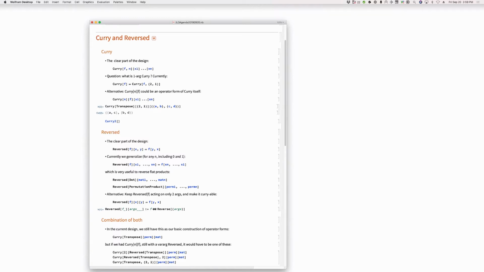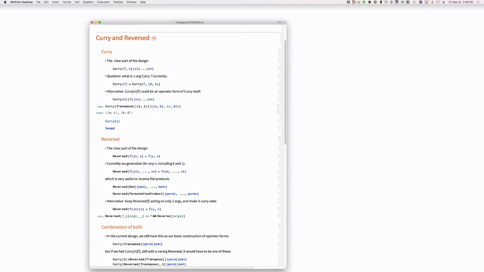At some point we had a curry swap, I think. It's pretty obscure. What's the analog of reversed that could do this?